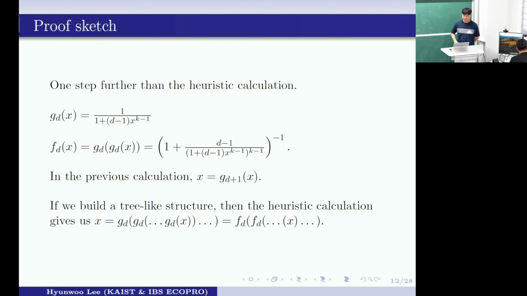If we composite the even numbers, then x is the same as the composition of this function f_d. The tree-like structure allows us to calculate inductively. I will explain it a bit later.